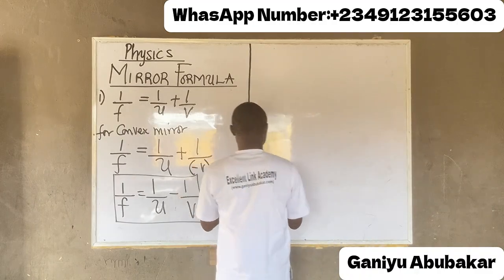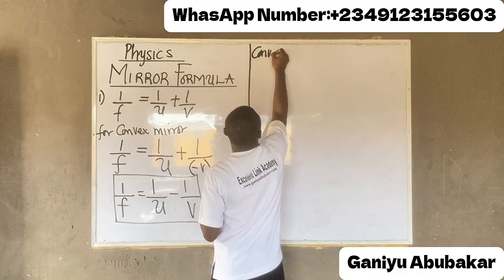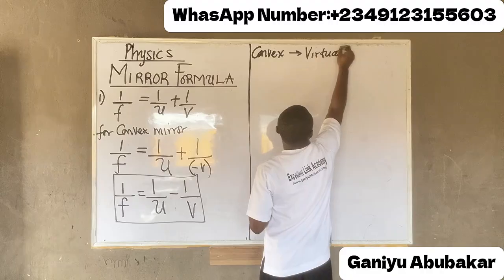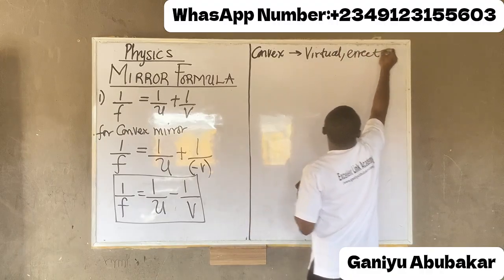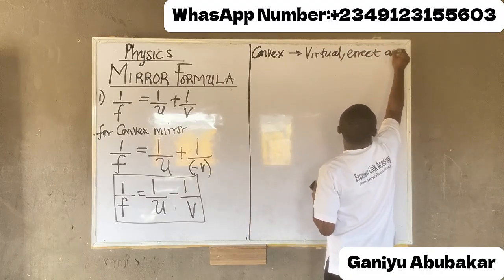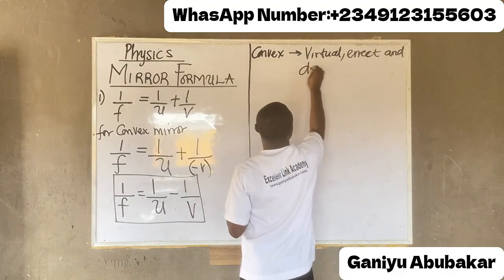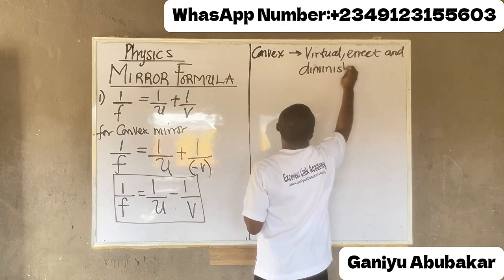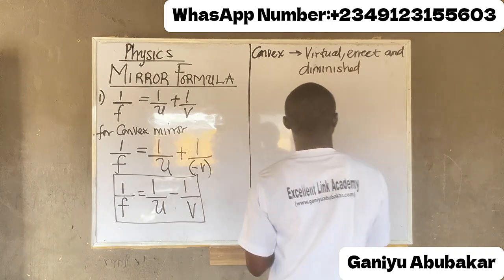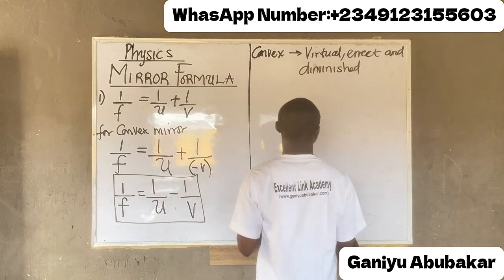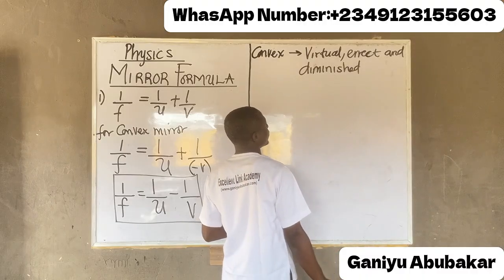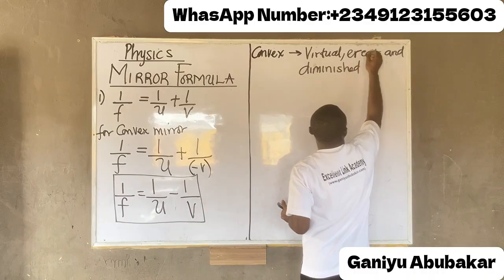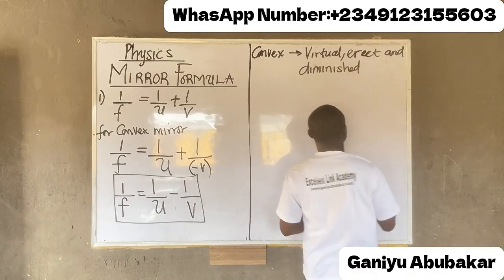So for convex, this creates a virtual, erect and diminished image.